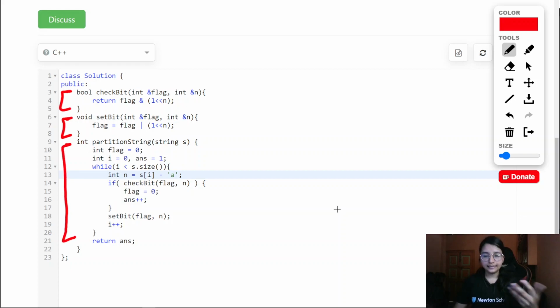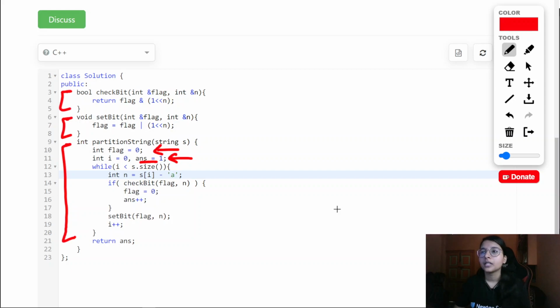So these are the 3 subparts of this particular code. Now here's the flag. We are starting with I for going ahead in our while loop, and then our answer, which we are keeping as 1 at the start, because in the worst case scenario, if all are unique, there would be one substring, the whole string itself.